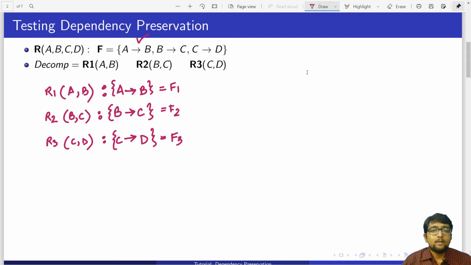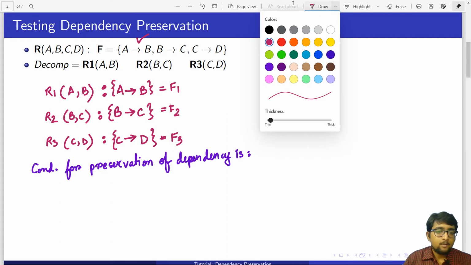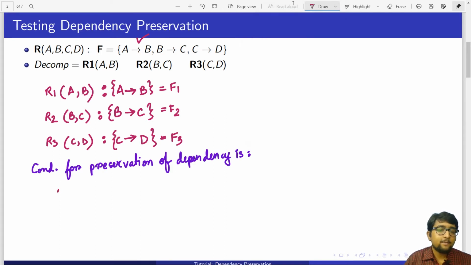Got it? Now the condition for preservation of dependency is that when we do the union of F1, F2 and F3, the union of the functional dependency sets applicable on each decomposed table, that should give the original dependency set, which was F, right?